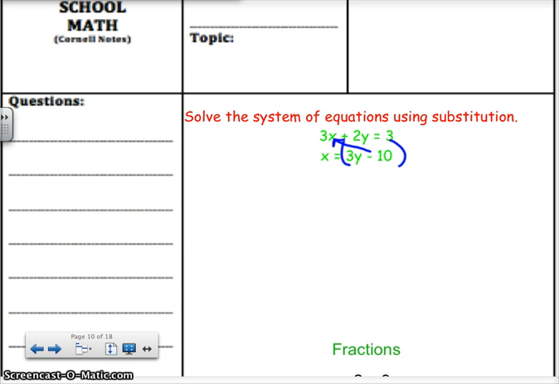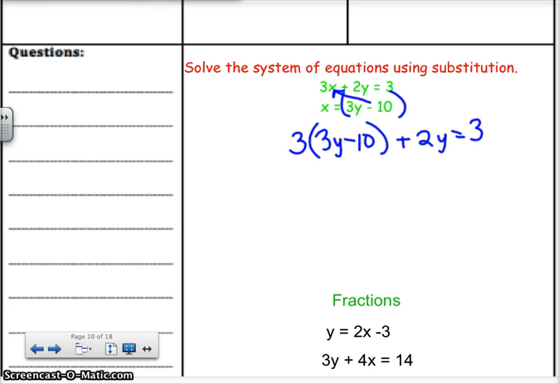So I rewrite it. 3 times x, but x is an x. We got to substitute. X is 3y minus 10. Plus 2y is 3. Now notice I put parentheses there. I did that because I see there's a number out front.